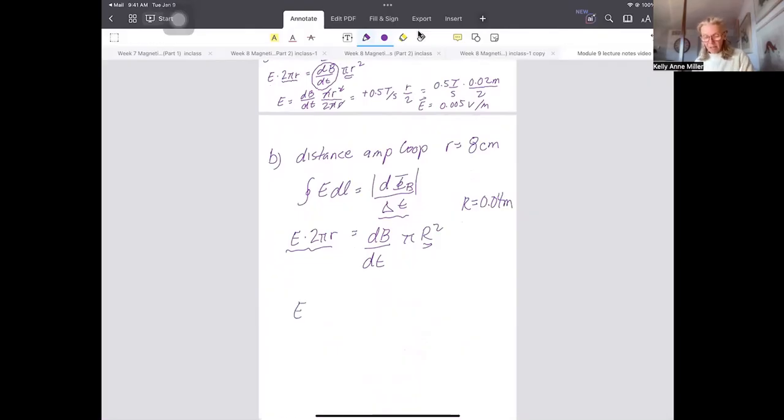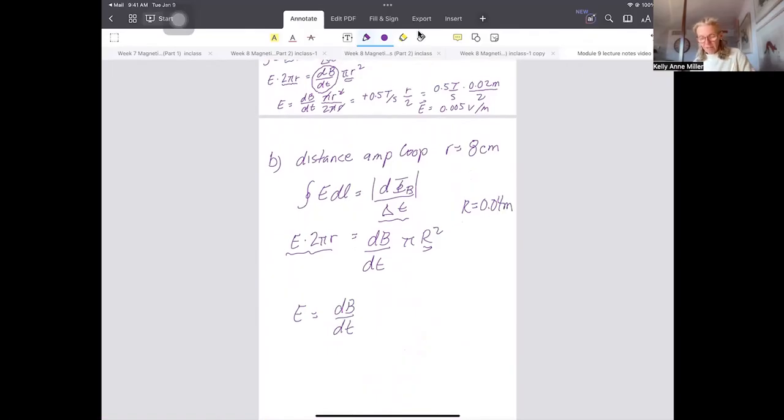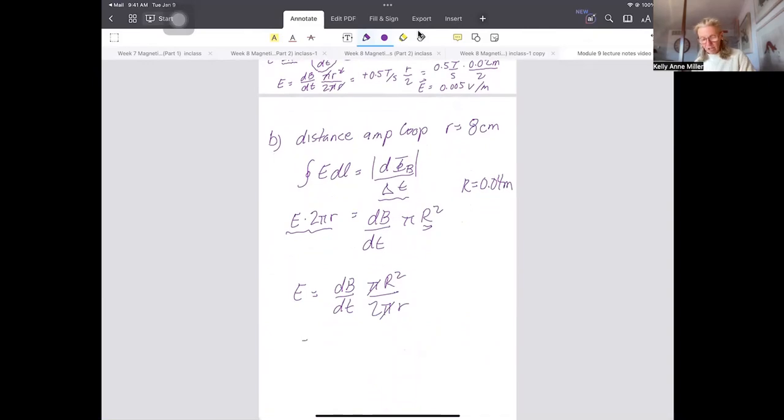So I have to be a little bit careful. So E is going to be dB dt, which is just 0.5 Tesla per second, times pi r squared divided by 2 pi r. Okay, so that pi cancels with that pi, and now I can just plug in the numbers.